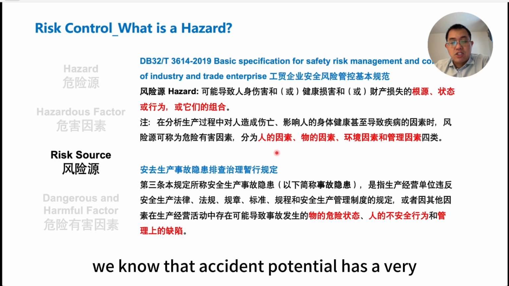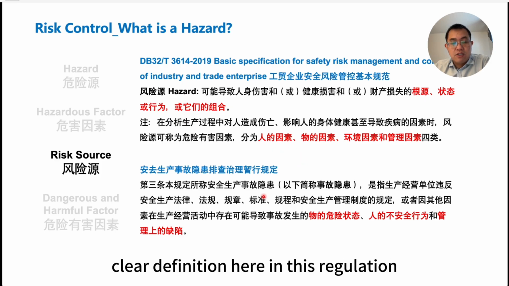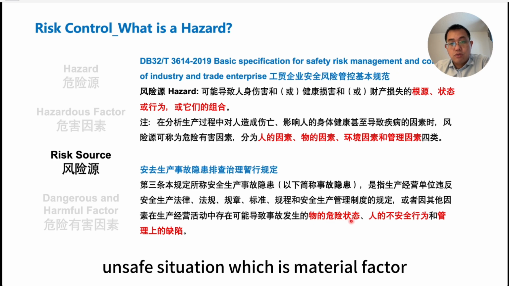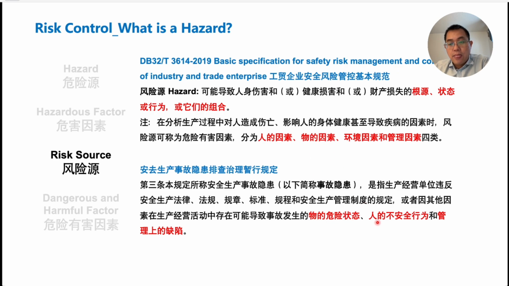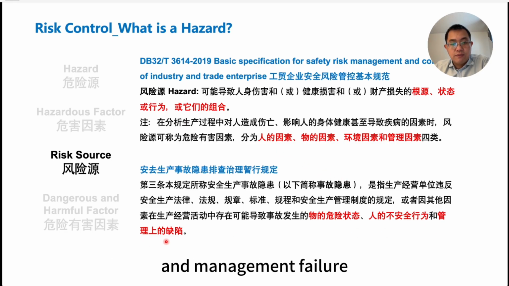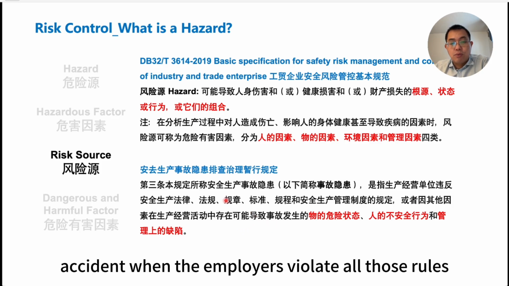We know that accident potential has a very clear definition in this regulation. Accident potential is unsafe situation, which is material factor, and unsafe behavior, which is personal factor, and management failure, which could lead to accident when the employers violate those rules.